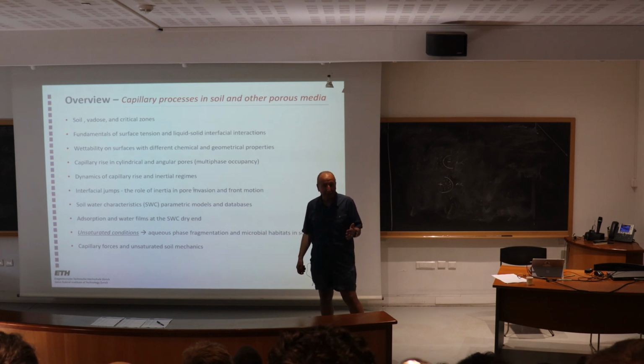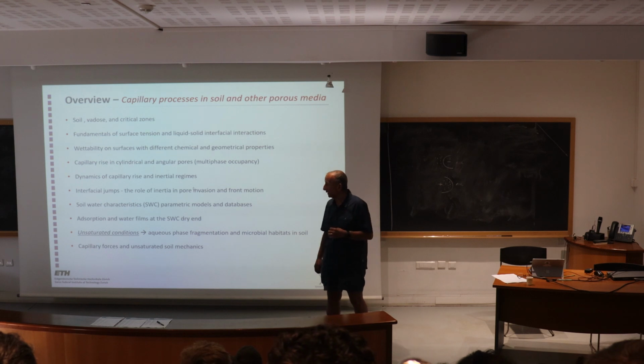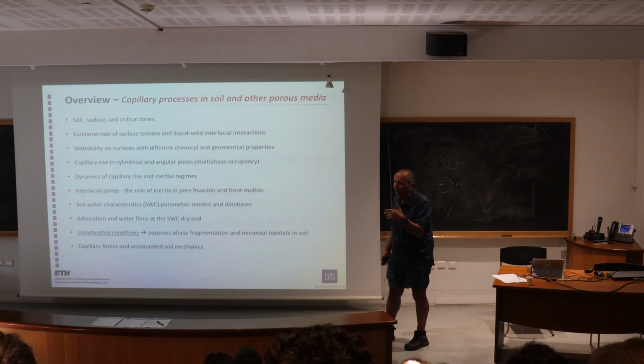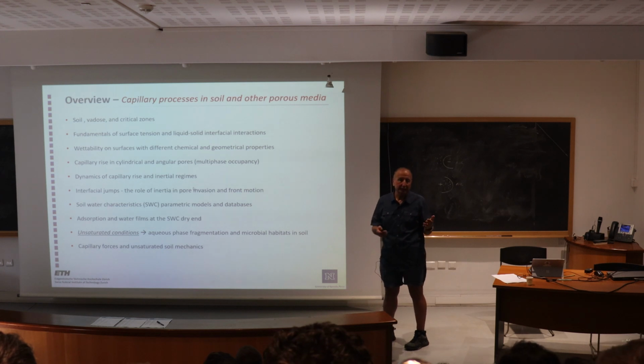And if I still have time, I'll say a few words about capillary forces and unsaturated soil mechanics. Okay, so that's the plan for today. Please feel free to ask questions, especially students. If you heard these topics before, I'll try and provide some nuggets that will keep it interesting, even though you know the topic.